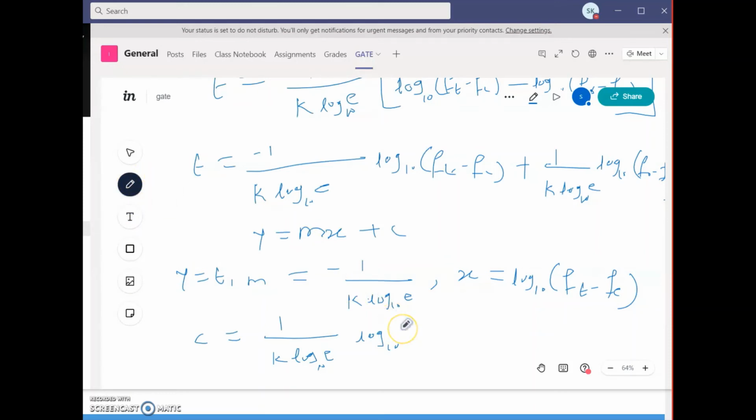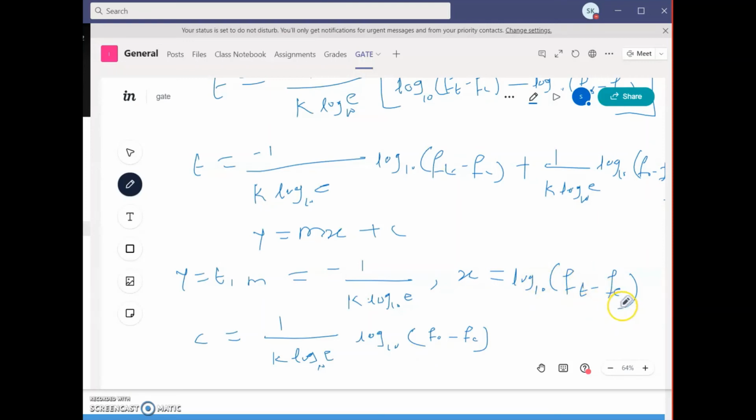In bracket I will write f naught minus fc. As this entire term is constant, whereas we get the variables here.